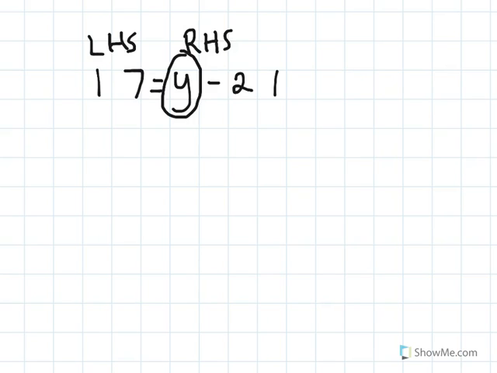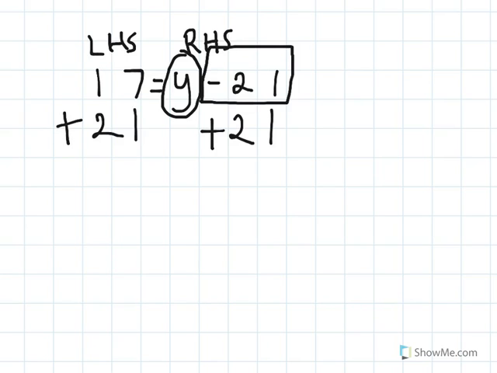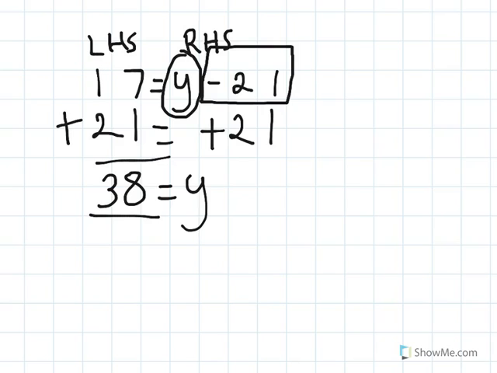So what do we do to the 21? We need to add 21 to get the variable by itself. Because we added 21 to the right-hand side, we must add 21 to the left-hand side. So 17 plus 21 equals 38. Therefore, y must equal 38.